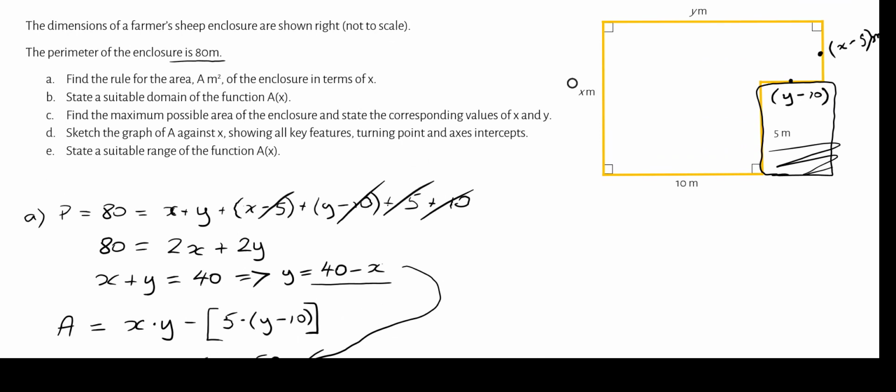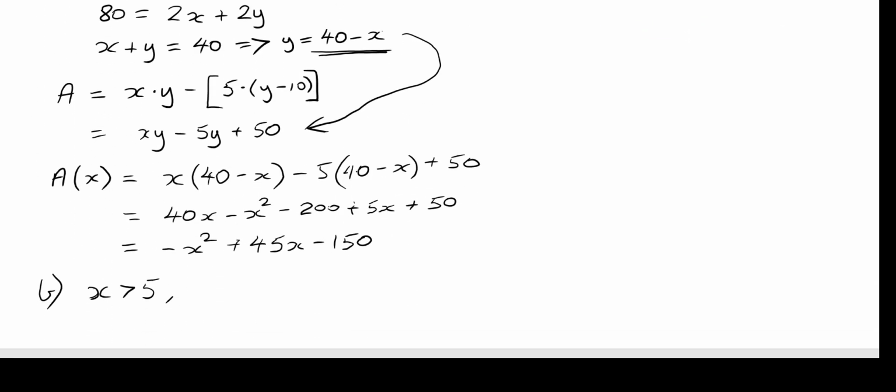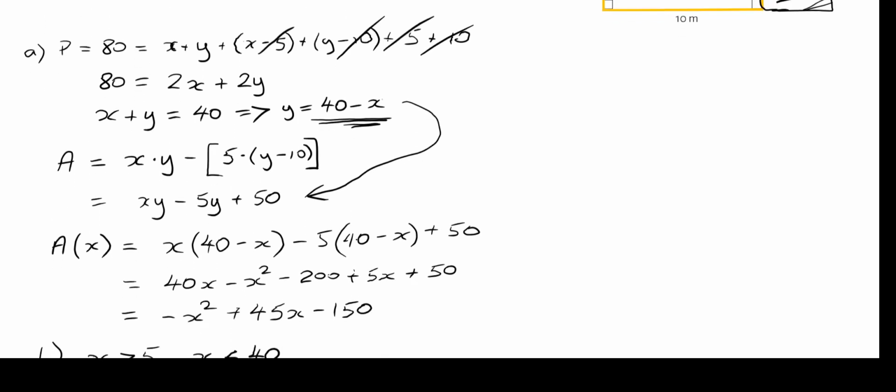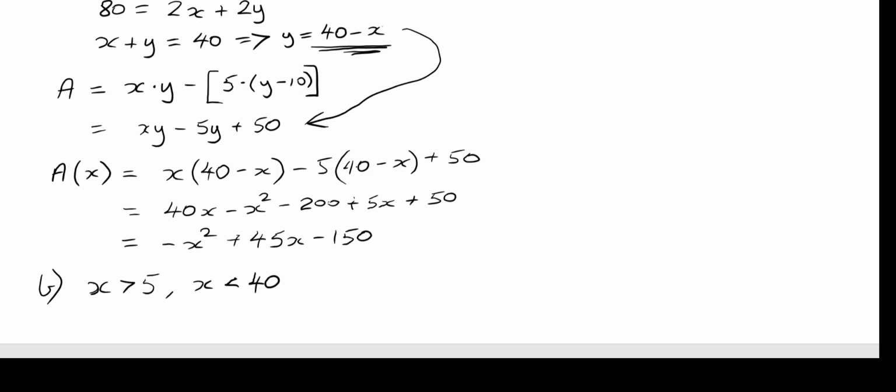I have the dimension y, which was equal to 40 minus x. That then implies that x must be less than 40, because if it was greater than 40, it would turn the y dimension into a negative value. I can rewrite this as dom A equals the interval from 5, not including 5, to 40.